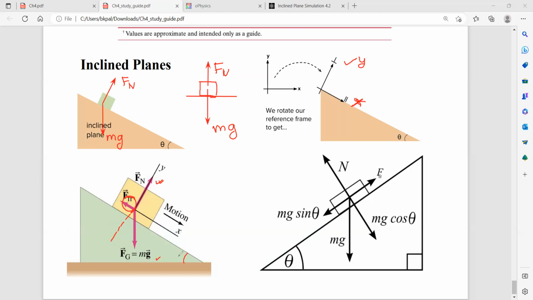Now, if this angle is theta, you can show that this angle is also theta. Okay, then if you break it, follow the exact same rule we are using so far. We'll have this arrow, I mean, this is the x component and this will be the y component.